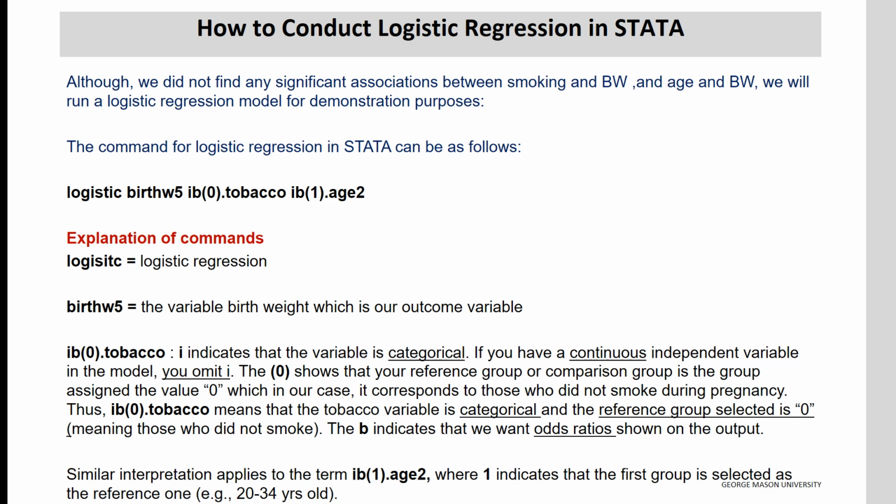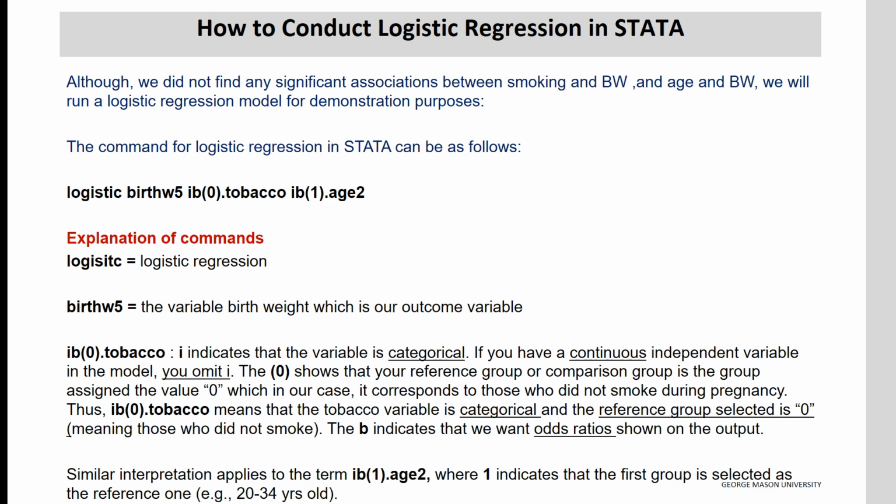Now, you also notice that there is a B next to I. The B indicates that we are asking STATA to compute odds ratios. So it will display odds ratios on the output as opposed to just the regression coefficients. Next to the B, you notice a 0.